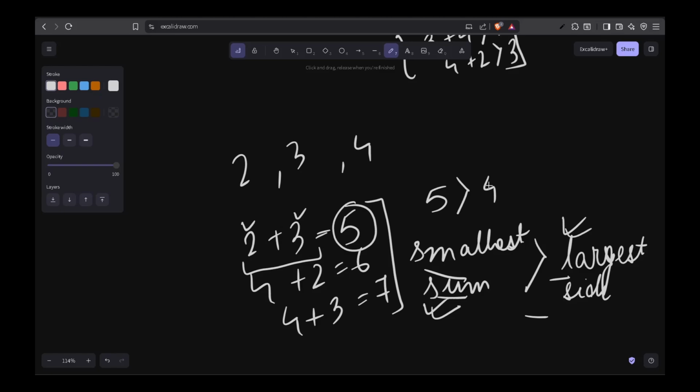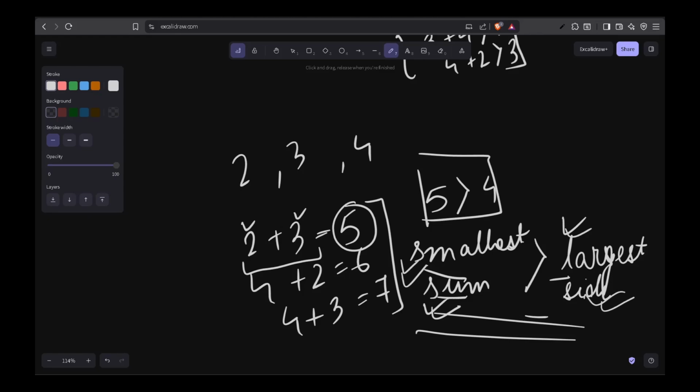So with this one single condition, we can check whether a triangle formed by the three sides is valid or not. And if you see this, you should have guessed that we need to sort the array. That's how we can ensure we get the smallest and largest efficiently. So the first step of solving this question is to sort the array.